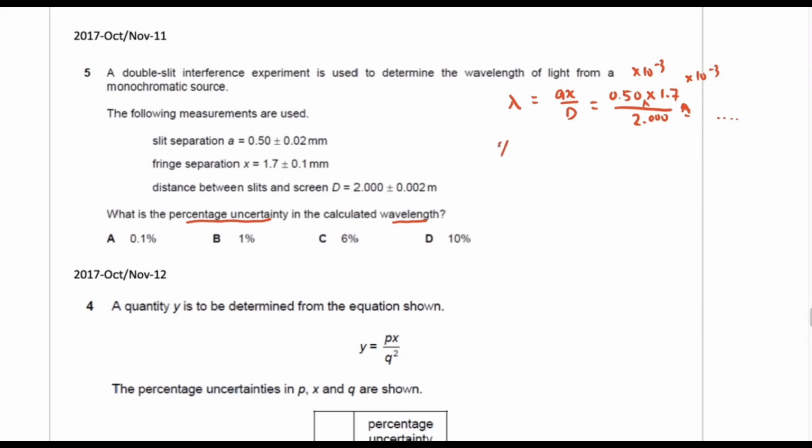The percentage error, or percentage uncertainty. Error or uncertainty will be just fine. Percentage uncertainty for a: 0.02 over 0.5 times 100.